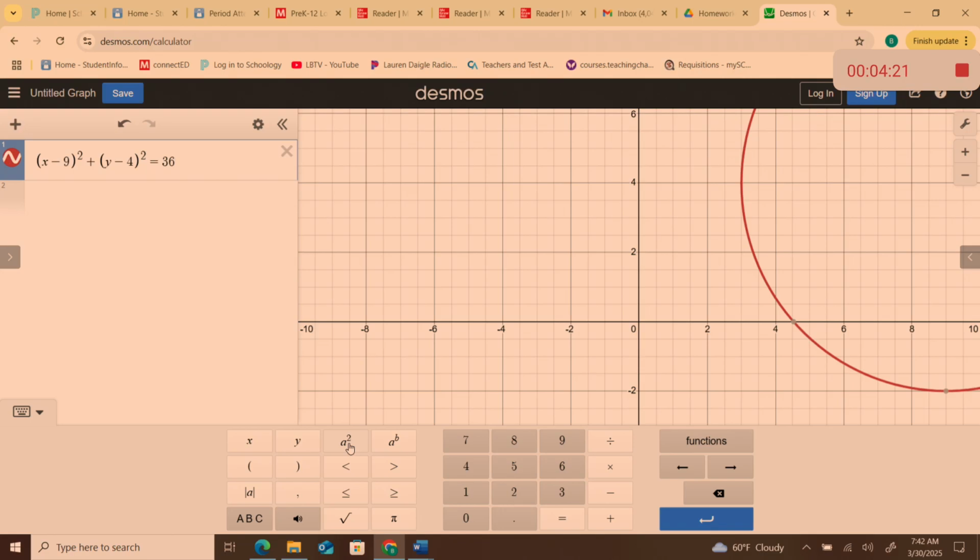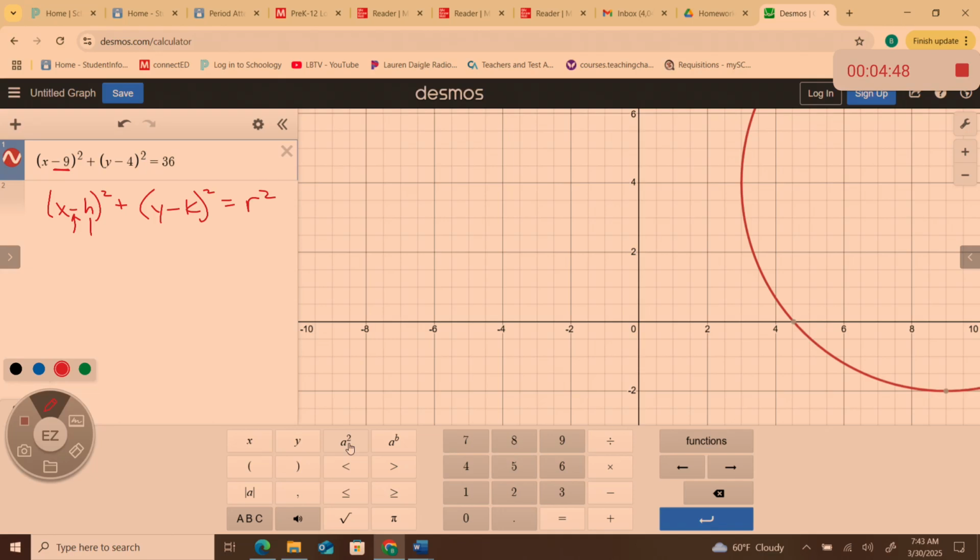Now, here's what I want you to understand. I know it says x minus 9 and y minus 4, but a couple of things I want you to think about. In order for this number to be negative 9, the negative's already here, so what is h?